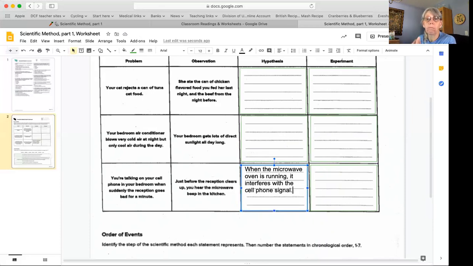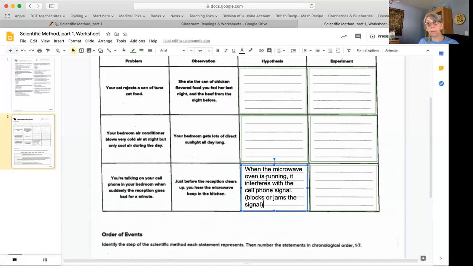Interferes with, blocks, jams, all right? Blocks or jams. Okay, can't hear. All right, so that's what we predict.